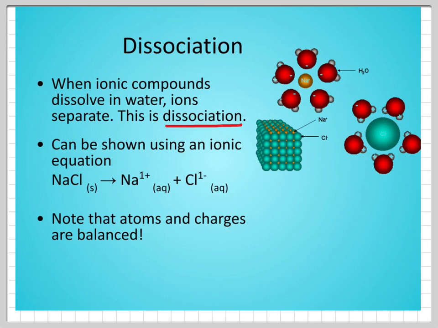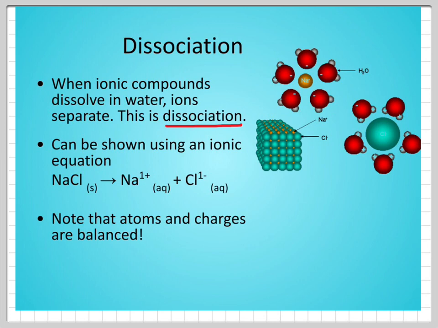And we can show this using what's called either an ionic equation or a dissolution equation or a dissociation equation. So here we see that solid NaCl, sodium chloride, yields aqueous sodium ions and aqueous chloride ions. And the number of atoms on each side of the equation are balanced, as are the charges.